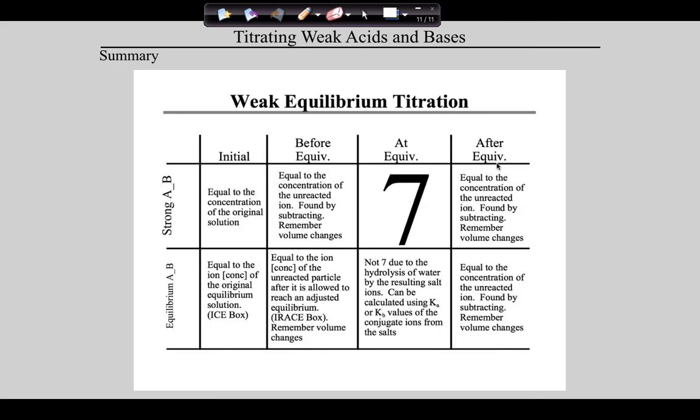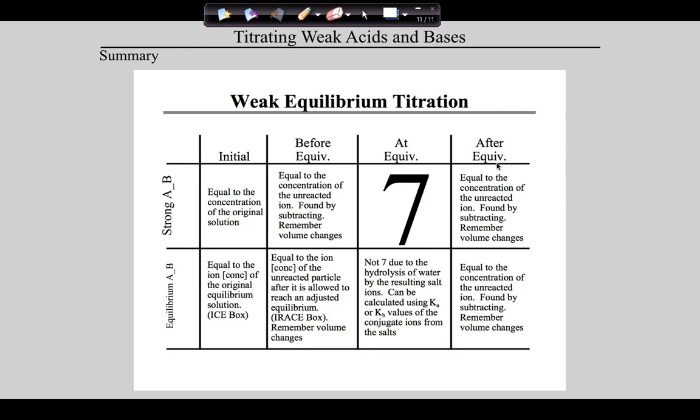So you decide if you like the way I wrote this, because guys, this is a summary of everything that we just drew into our titration curve. So initially, the pH is equal to the ion concentration of the original equilibrium. That's an icebox. Then guys, before equivalence, it's equal to the ion concentration of the unreacted stuff. How do we know how much didn't react?